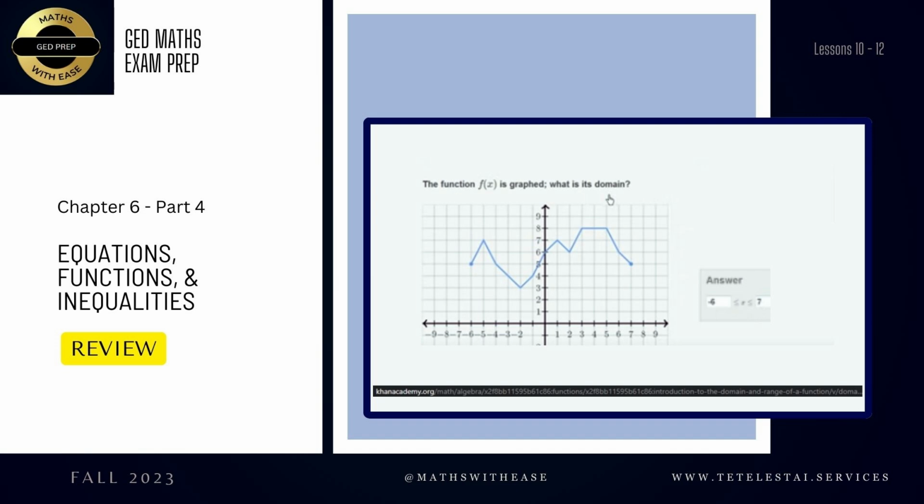Okay, so we can define the domain of this graph as being between -6 and +7, and you can see that the circles are closed on both ends, and so we would write that with closed brackets to indicate that -6 and +7 are in the domain of the graph.